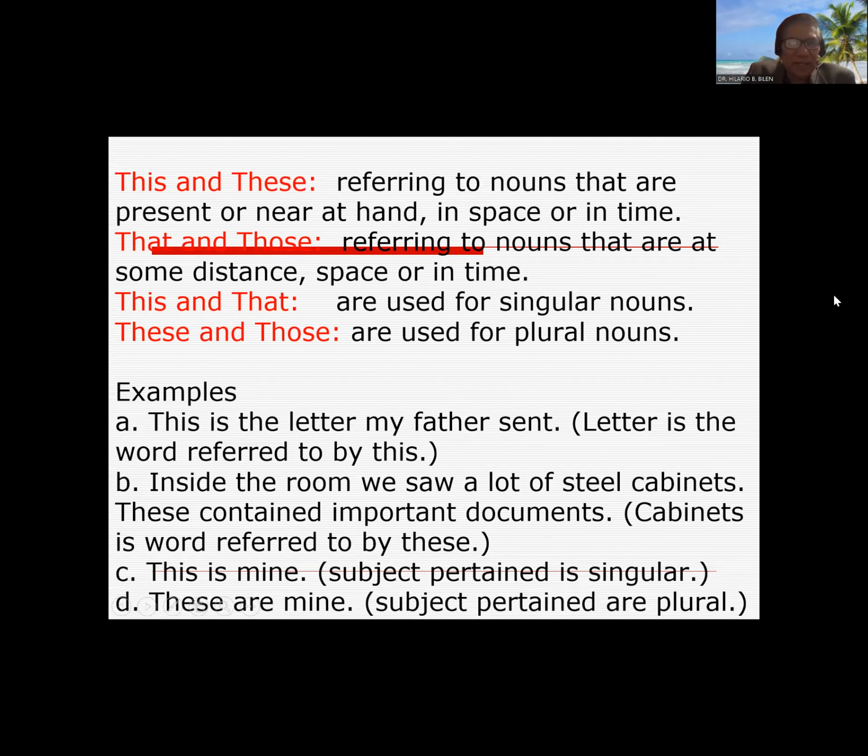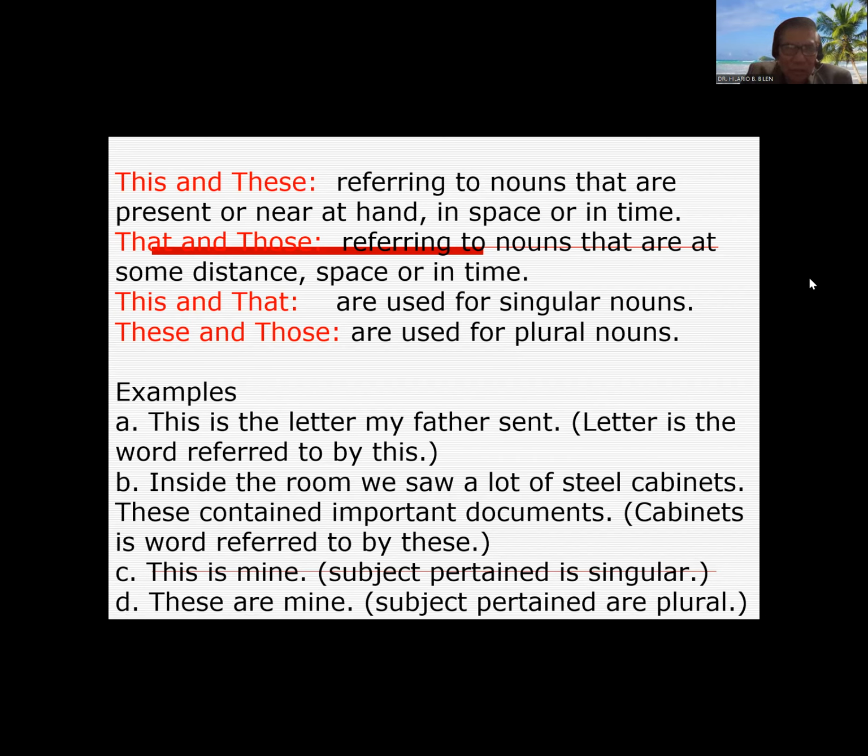So this and these: referring to nouns that are present or near at hand, in space or in time. Come again. This and these, referring to nouns that are present or near at hand, in space or in time.